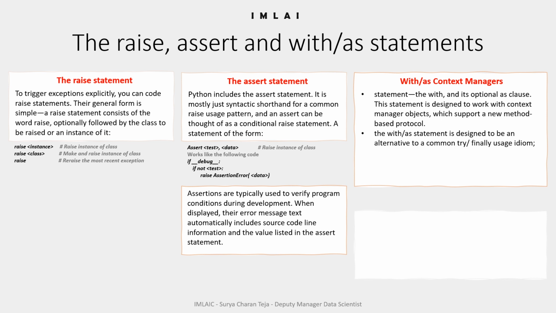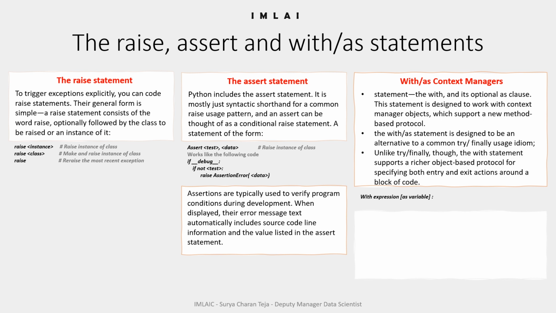The with/as statement is designed to be an alternative to a common try/finally usage idiom. Unlike try/finally, though, the with statement supports a richer object-based protocol for specifying both entry and exit actions around a block of code. So you can see the typical with/as statement: with, then expression as variable, and then under the header you will have a with block.